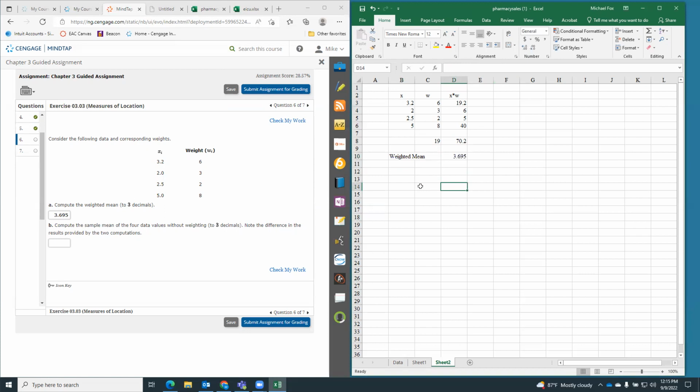Then it tells us to compute the sample mean of the 4 data values without weighting. So now we're not going to worry about the weights. I'm going to call this the unweighted mean. So I'm just going to hit equals average and then just find the mean of these 4 numbers. So the difference between the two is pretty significant, right?